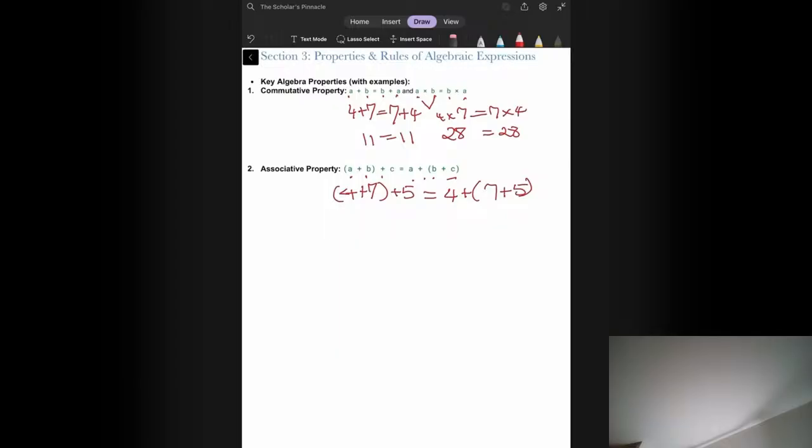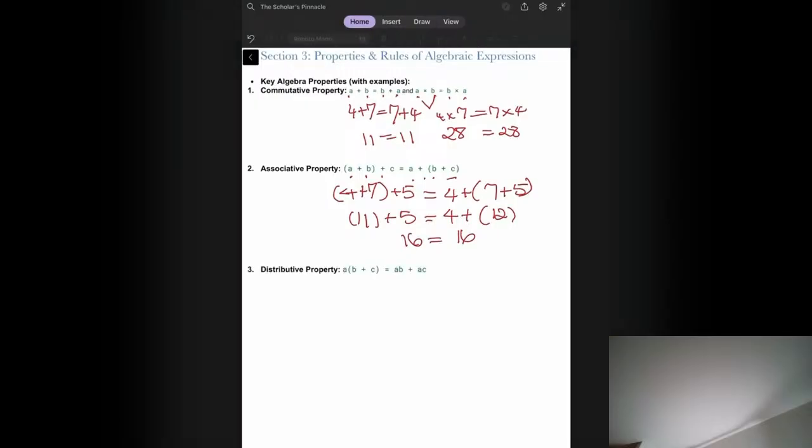Let's work on this together. 4 plus 7 is equal to 11. We can still keep that in parentheses. Plus 5 is equal to 4 on its own plus 7 plus 5, which is 12. You got that right. Your answer, 16, equal to 16. Let me know if you worked that out yourself and if you got the right answer.